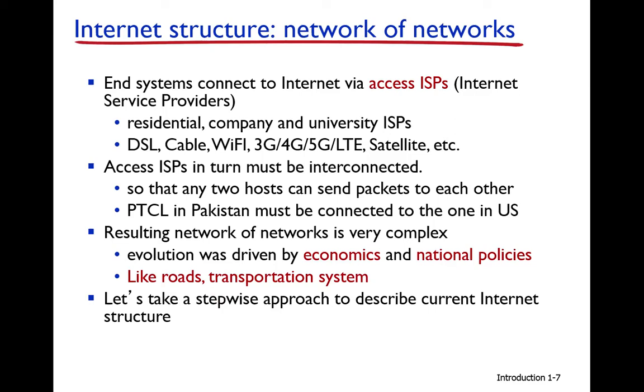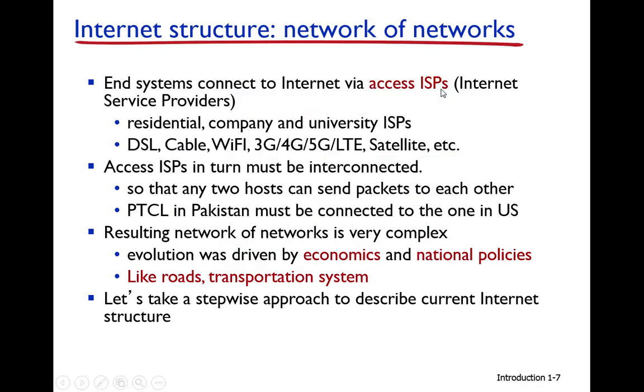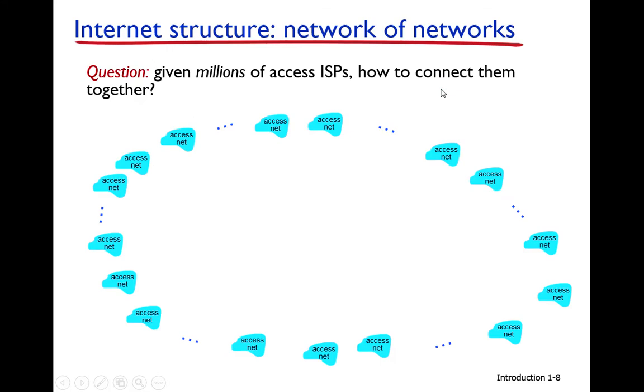I think up to now you should have some overview of the concept of an ISP. Suppose that we have access networks. For example, here the COMSATS WAC campus is connected to an access ISP.